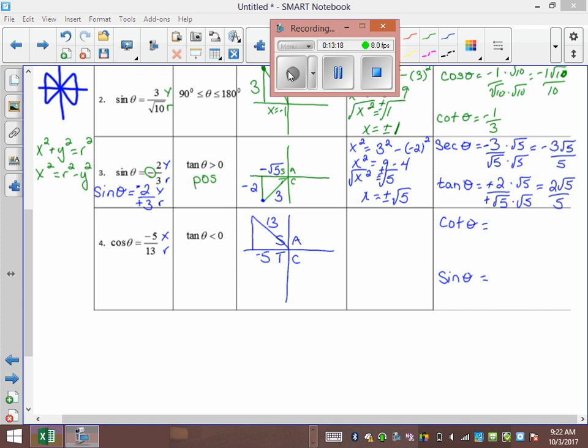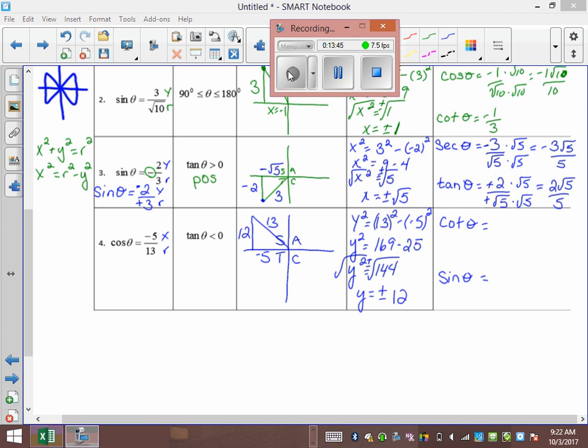So we're going to get y squared equals 13 squared, r squared, minus negative 5 squared. y squared equals 169 minus 25. y squared equals 144. Square root. So y equals positive or negative 12. And in this case, it has to be positive 12 because it's in quadrant 2.